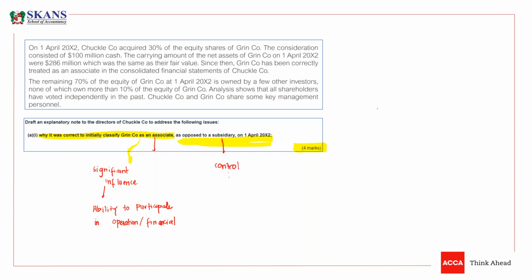And for control, as we were talking about the definition of control in yesterday's session, you must have power over the investee. It means you are giving directions about all the relevant activities of the business. Then you must have exposure or rights to variable returns.